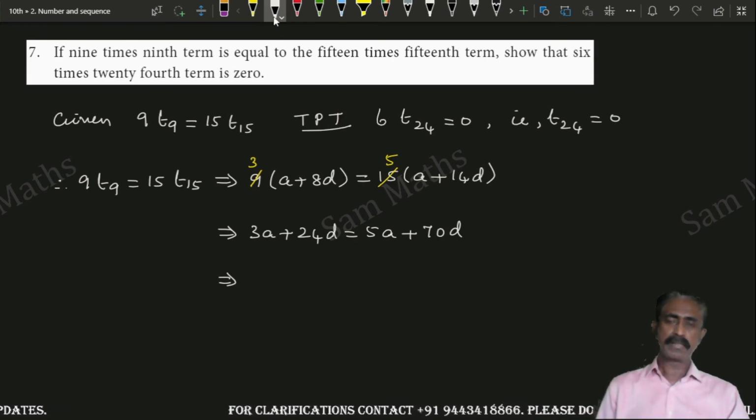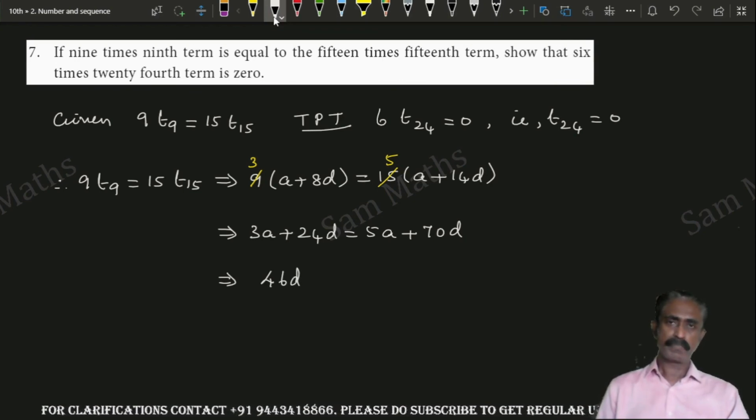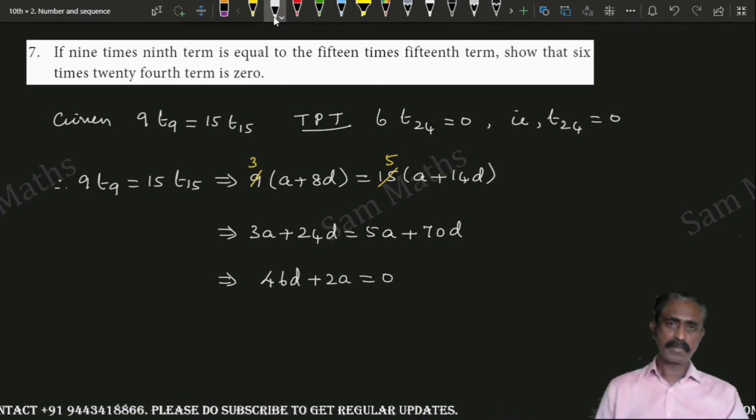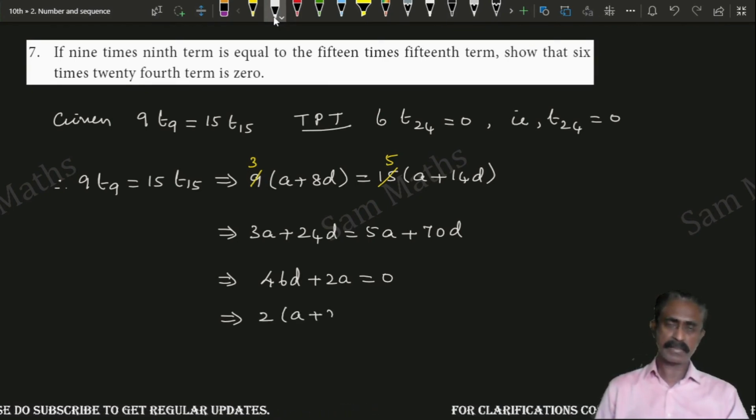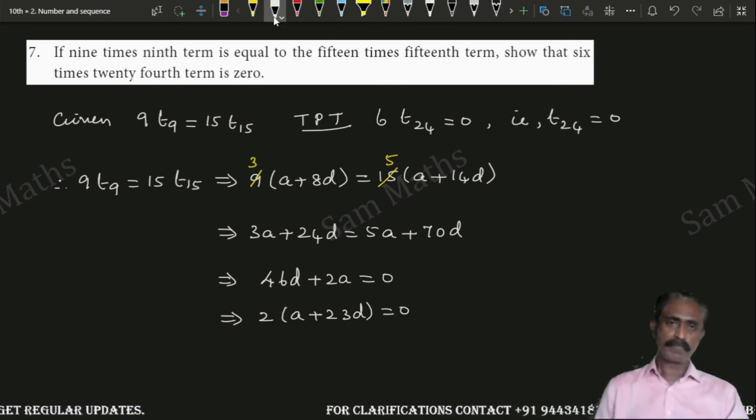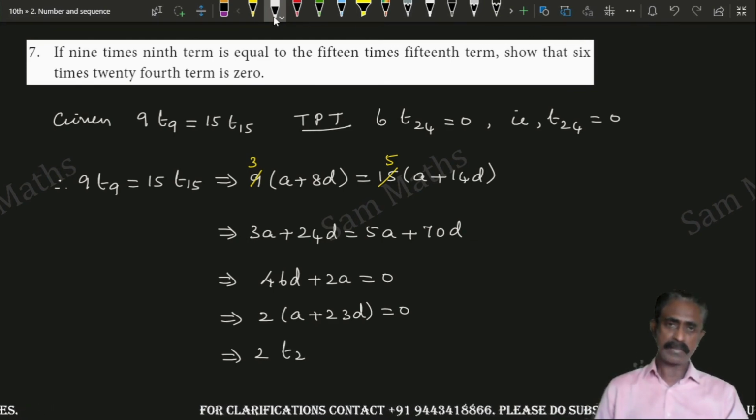Which implies you take all the terms to right hand side. 70 minus 24, that is 46D, 5A minus 3A, plus 2A equal to 0, which implies 2 is common, you take it out, 2 into A plus 23D equal to 0, which implies 2 into T24 is equal to 0.